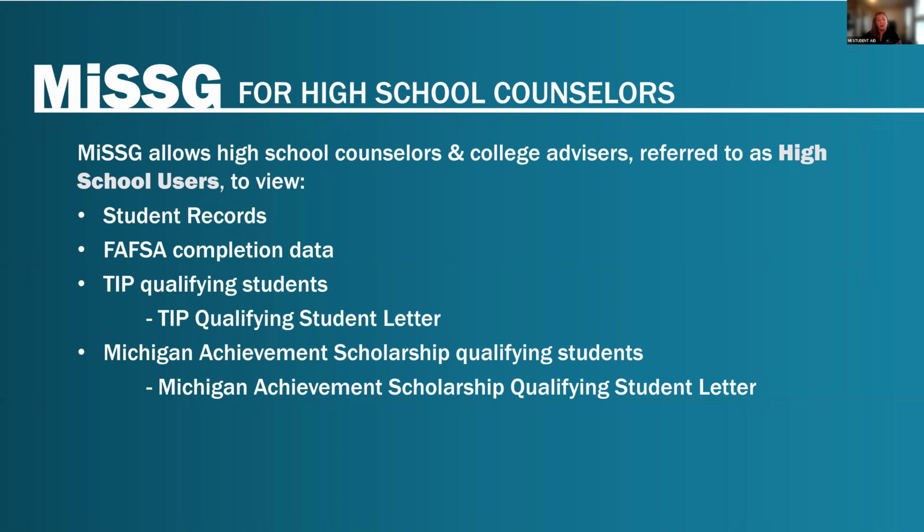And then we're also going to have a Michigan Achievement Scholarship qualifying student letter that's also available for you. Once we start getting those FAFSAs, you're going to be able to utilize that letter and provide that to any of those students who have received that SAI of 30,000 or less.